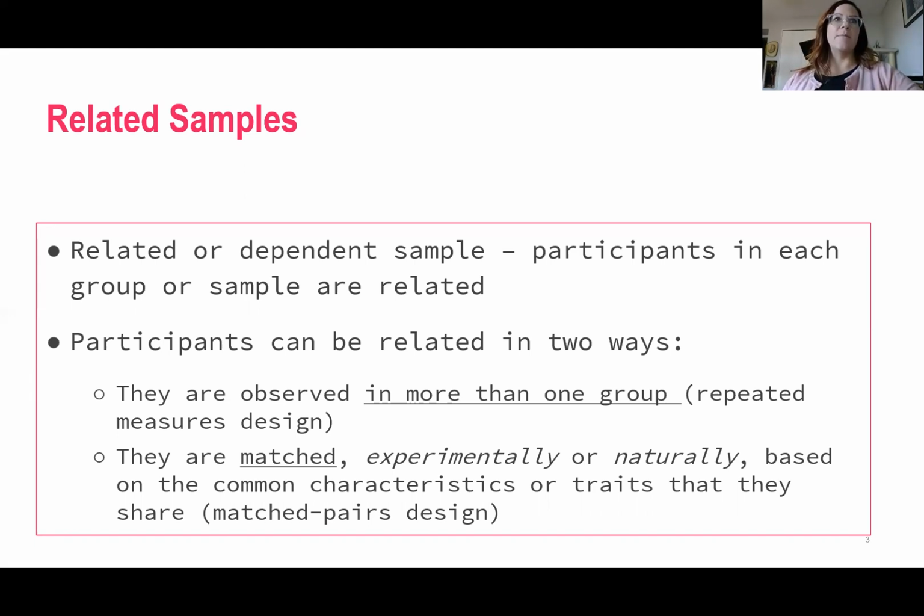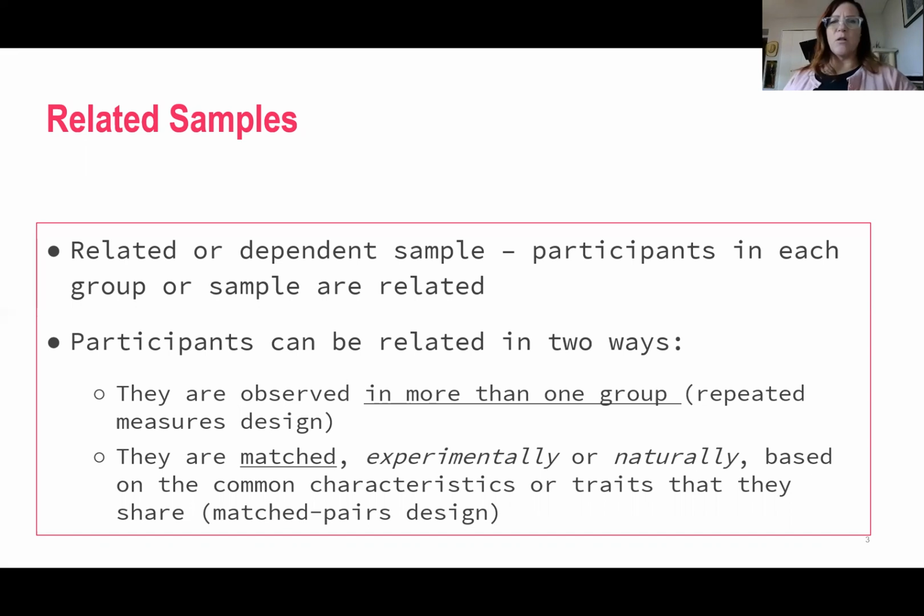It could be a pre to post, or it could be different types of conditions but the same people. Or it could be this very unique type of design where different people are used, but they're matched so that the people in the second group are basically a representative for the person in the first group.